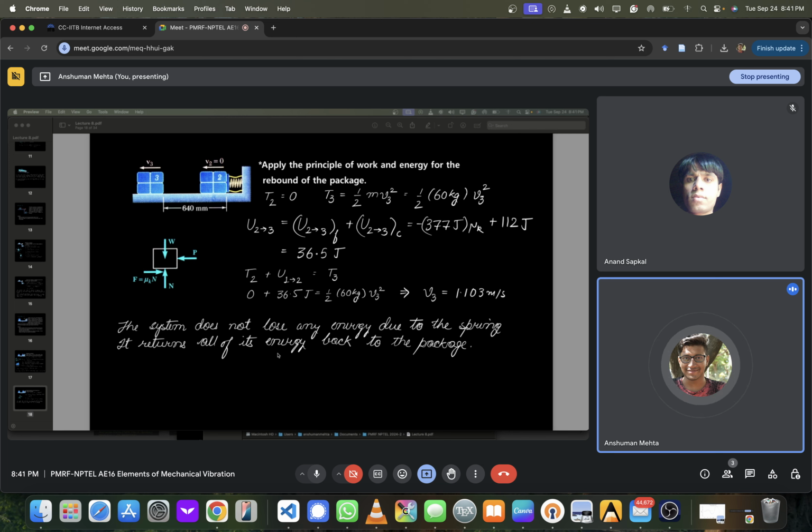And the work done from 2 to 3 is again by either the friction force or the spring force.